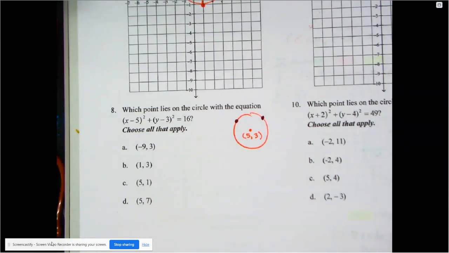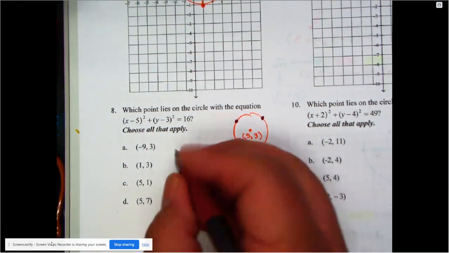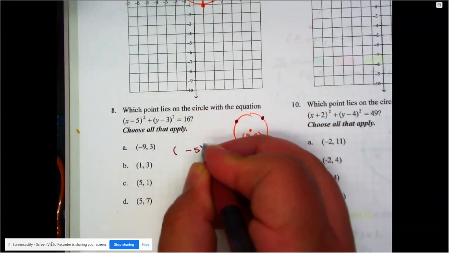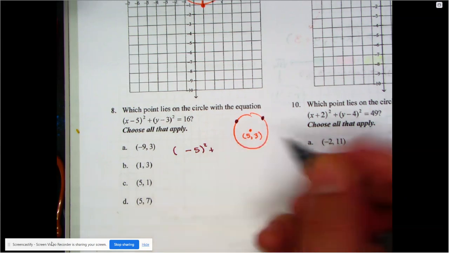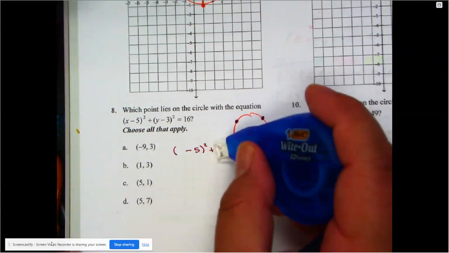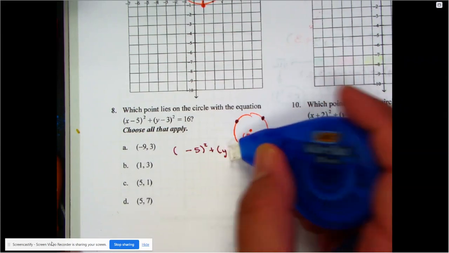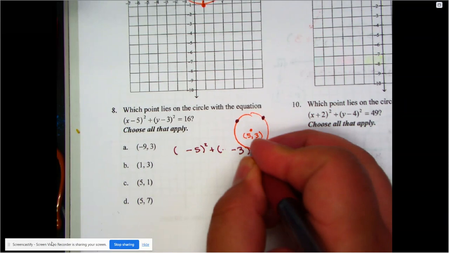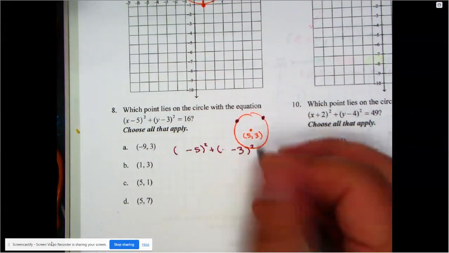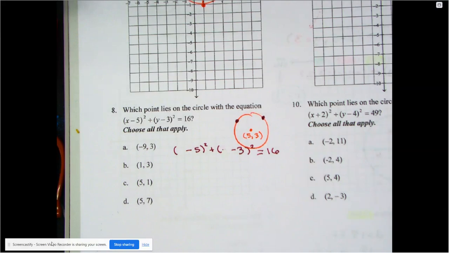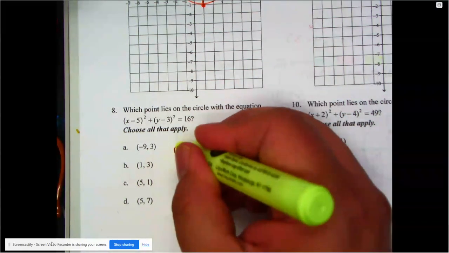So the only way to figure that out is we have an equation that I'm going to use. My equation says (x minus 5), notice how I didn't write the x on purpose, plus (y minus 3) squared, you got to make sure you have that power of 2, is equal to 16. All I'm going to do is keep plugging in x's.